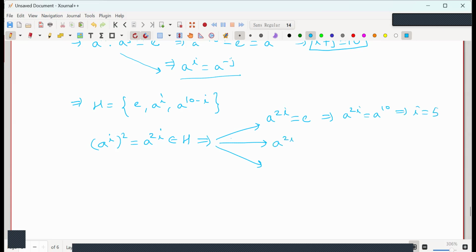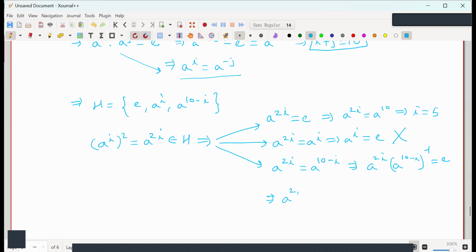Second is a^2i is a^i. That means a^i is identity, which cannot be the case. Third is a^2i is a^(10 minus i), which is a^j, the other element. So if I take a this side, this will be a^2i times a^(10 minus i) inverse, that is equal to identity, right? I am multiplying with a^(10 minus i) inverse both sides.